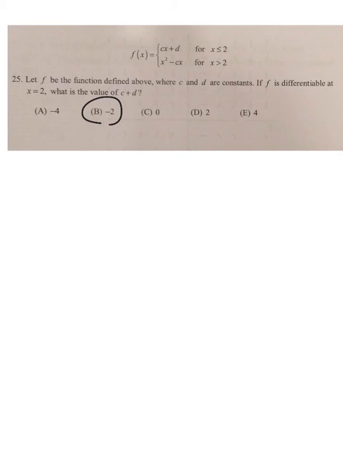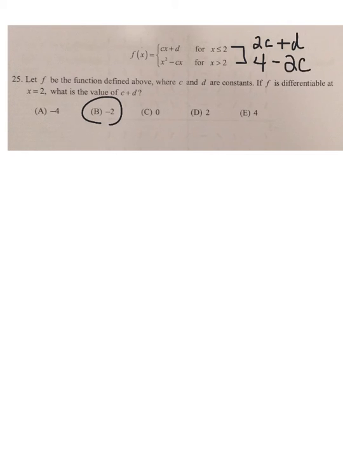They told you that the function is differentiable. So if the function is differentiable, that means it also has to be continuous. So what I would do here is I would plug in 2 into the top part of the piecewise function, which will give me 2c plus d. And then I'm going to plug in 2 into the bottom part of the piecewise function, which will give me 4 minus 2c.